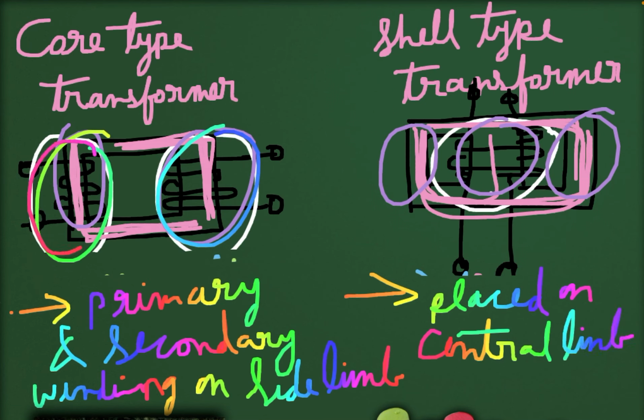So here windings are placed on the sides of the limbs, whereas in the shell type windings are placed in the central limb.